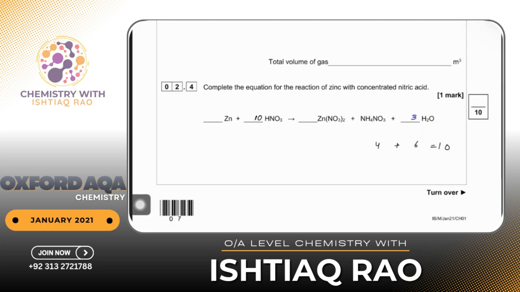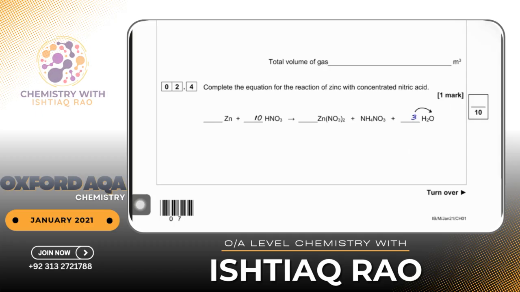Now I need to do oxygen again because oxygen is imbalanced. We have 3 plus 3 plus 6, so 12 oxygens on the product side.